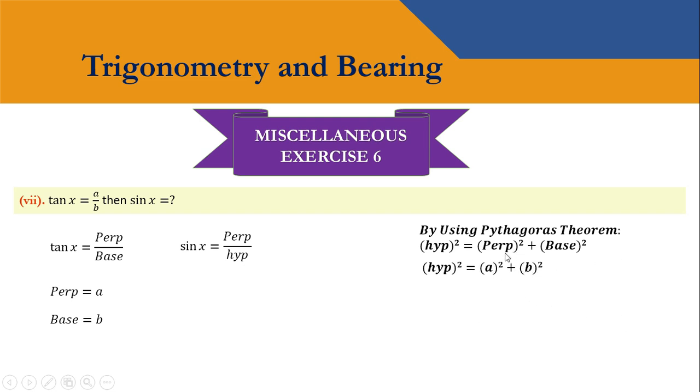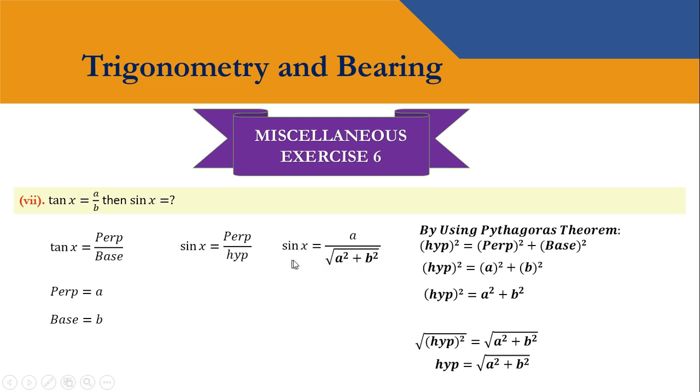Now putting the values a and b in place of perpendicular and base, after some mathematical work, we get hypotenuse equal to under root a square plus b square. Now putting the value of hypotenuse into the identity sine x equals perpendicular over hypotenuse, we get sine x is equal to a divided by square root of a square plus b square. So the right option is C.